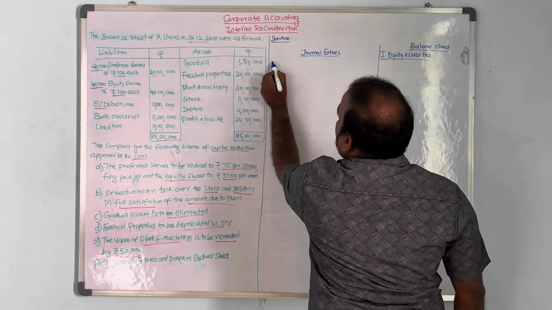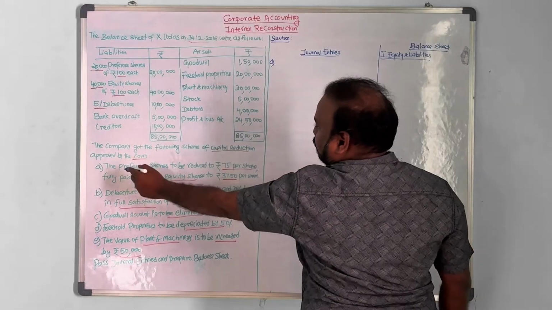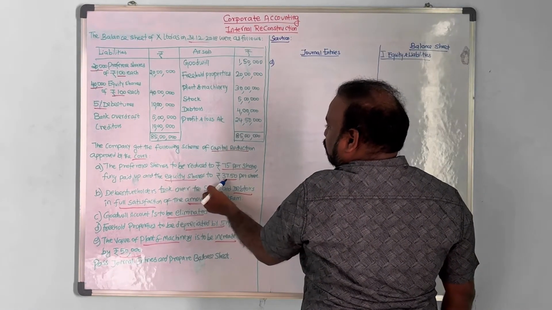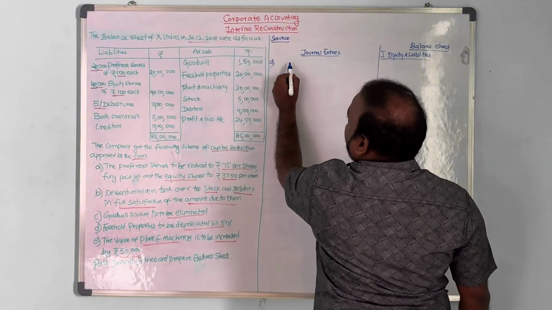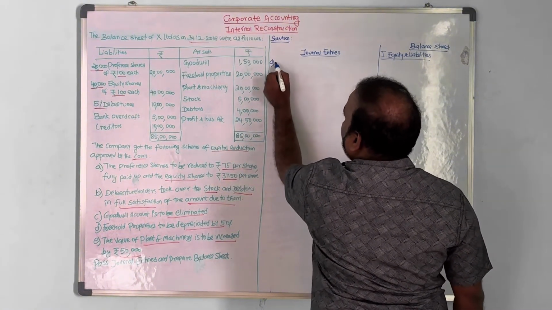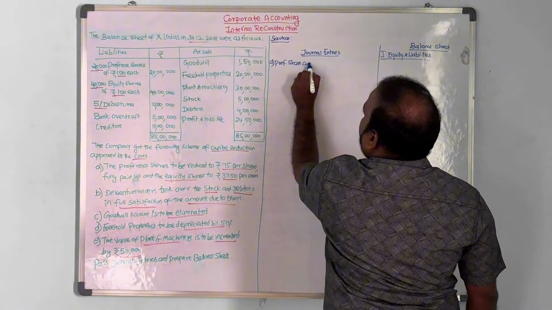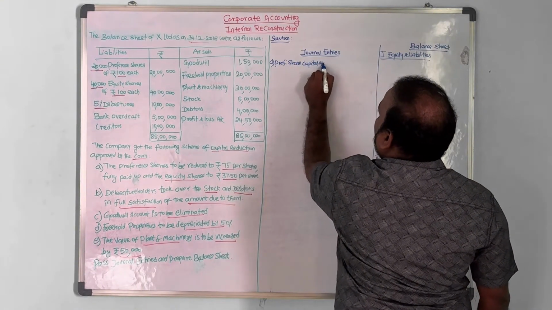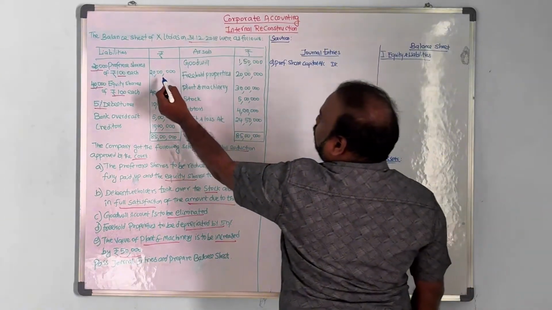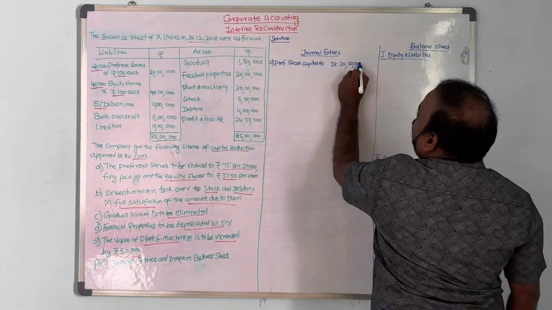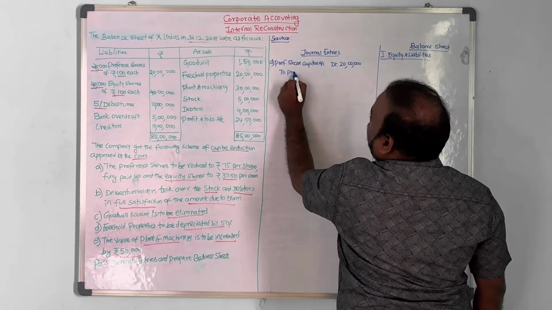Now, we go with the journal entry. Preference share capital is to be reduced to 75 and equity share capital to 37.50, so we need to make two entries for the first adjustment. Preference share capital account debit, the value is 20 lakh, to preference share capital.